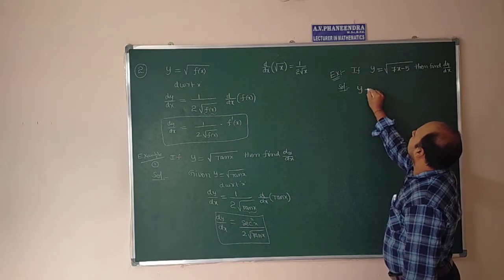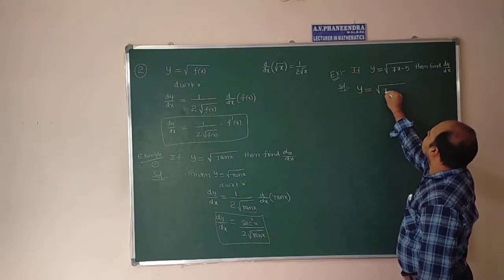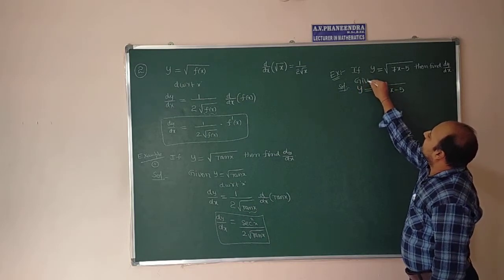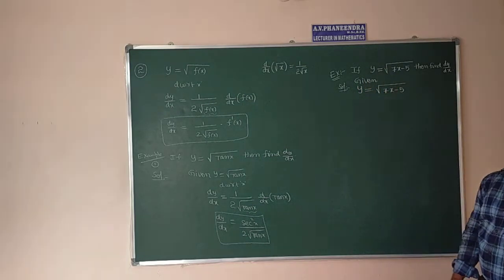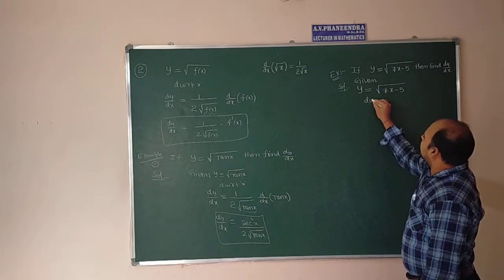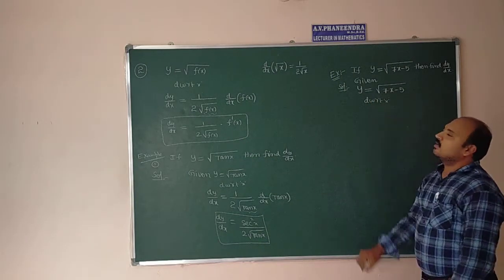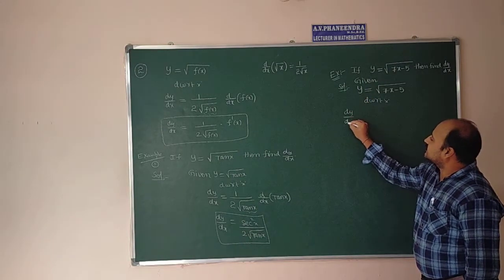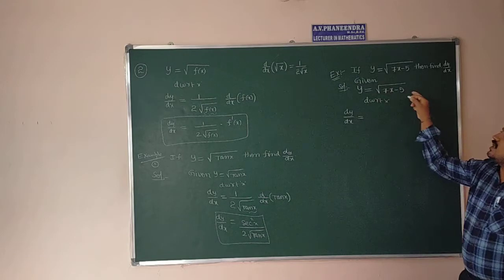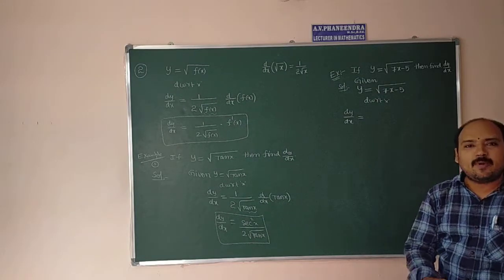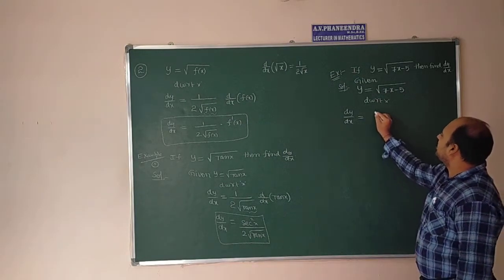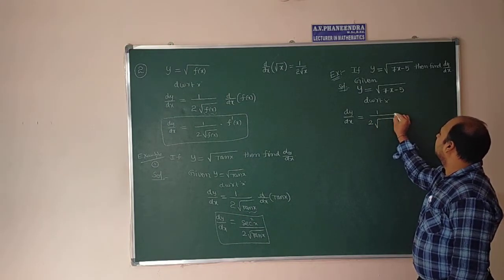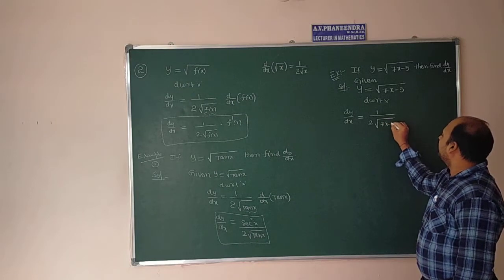Y is equal to root of 7x minus 5, this is the given function. Differentiate with respect to x. Y differentiate with respect to x is dy by dx. It is in the form of root f of x. D by dx of root f of x is 1 by 2 root f of x. So 1 by 2 into root 7x minus 5.